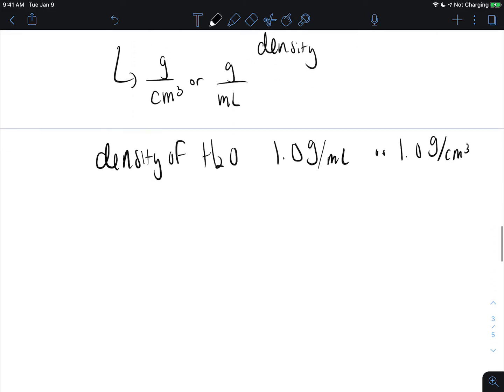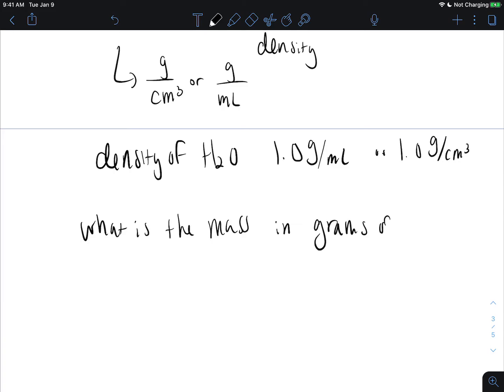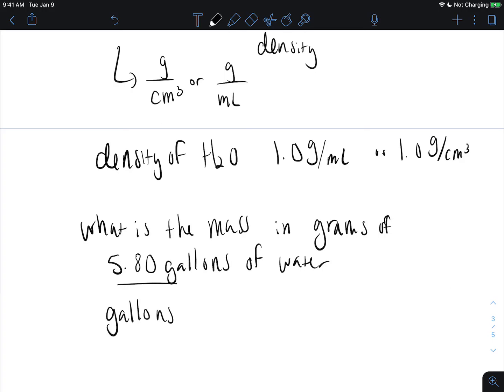So let's try that. We want to know, what is the mass in grams of 5.80 gallons of water? So we are currently in gallons, right? And we want to get to grams.